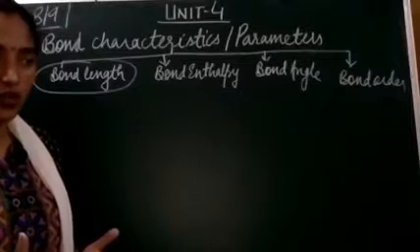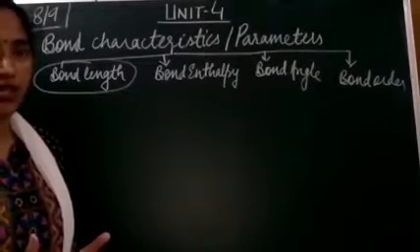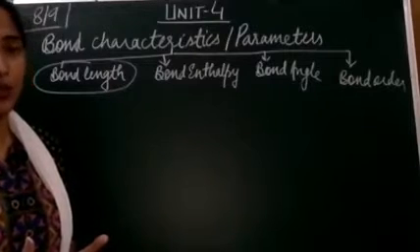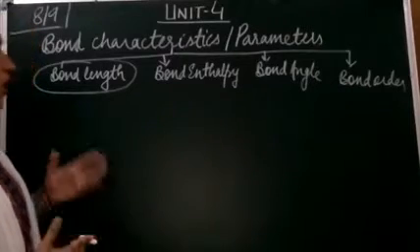Now if the atoms come even closer, what will happen? The repulsive forces will dominate and the bond will break down, as the potential energy of the system is going to rise up. So here, what is the bond length?